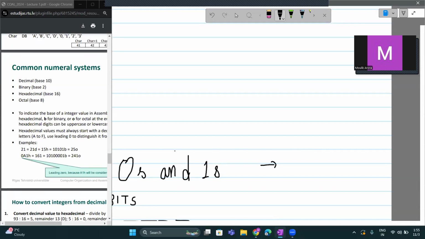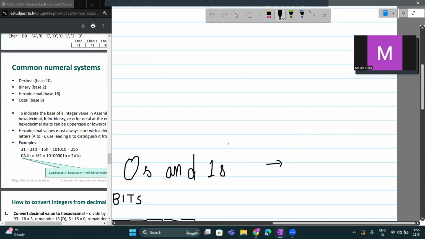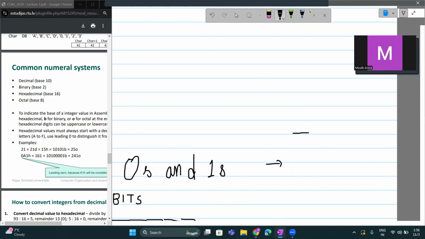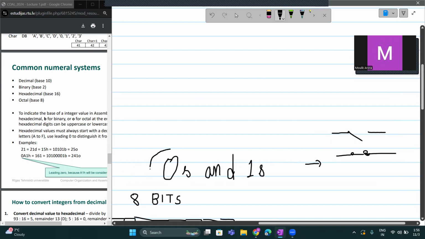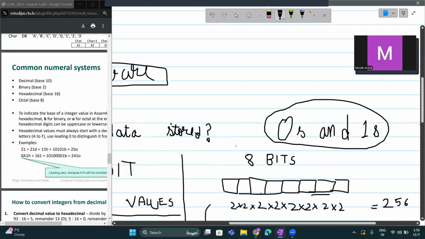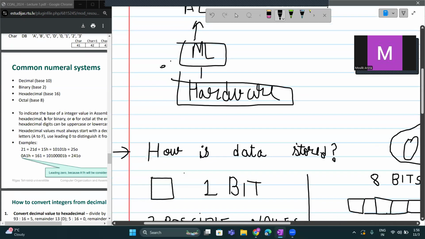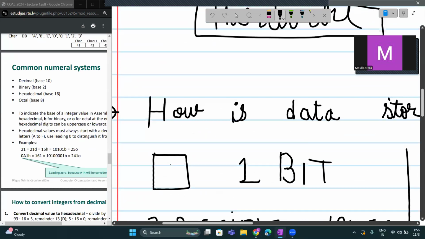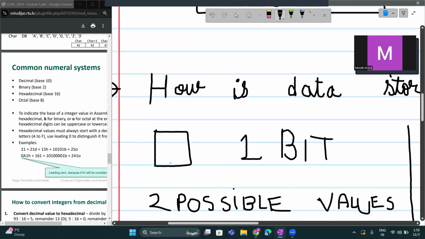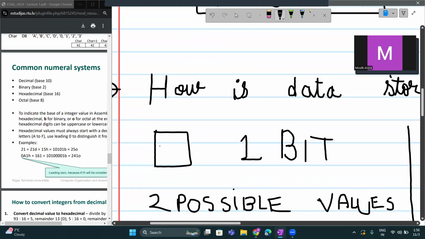That's why we are able to represent a Boolean value of true and false. Either a circuit works or it doesn't. Either a circuit is open or closed. That's how we differentiate between a 0 and a 1.